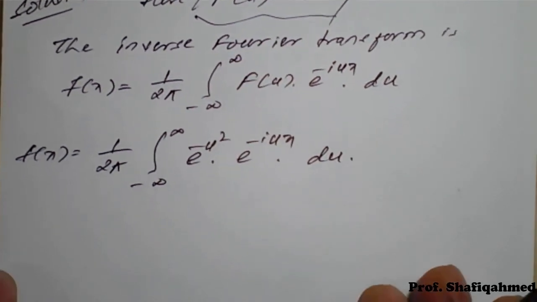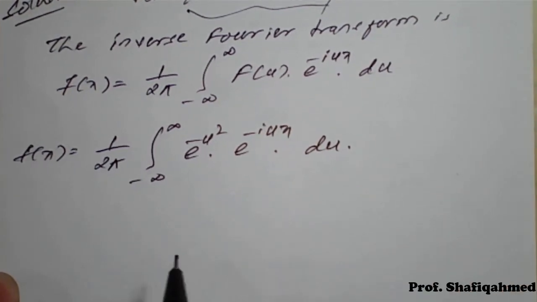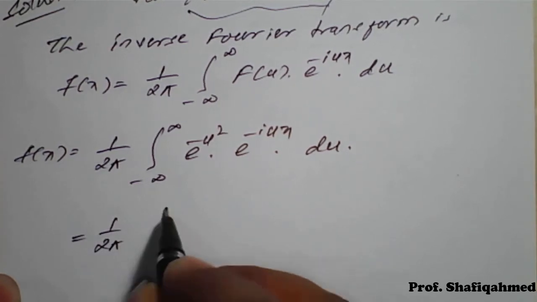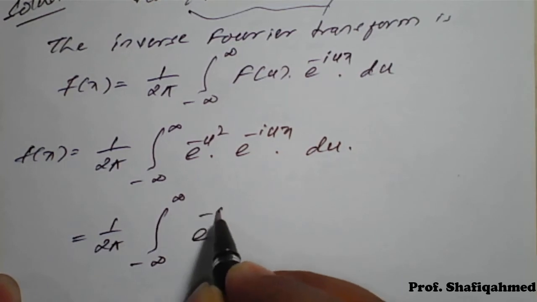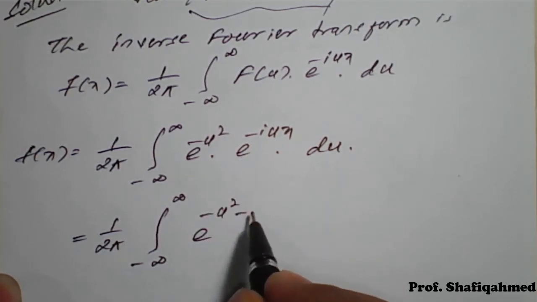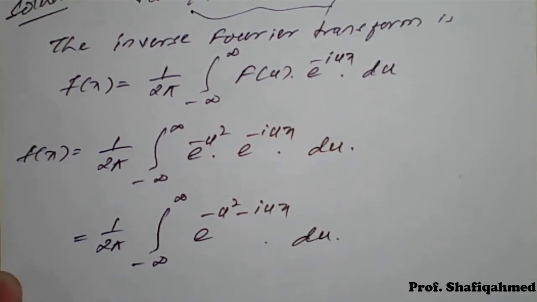Again the bases are same, so we can add the powers. So it will become 1 upon 2 pi integration minus infinity to plus infinity e raised to minus u square, and the minus sign is there, minus i u x into du.